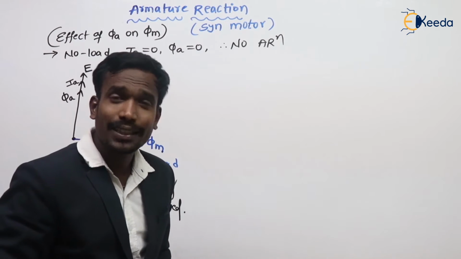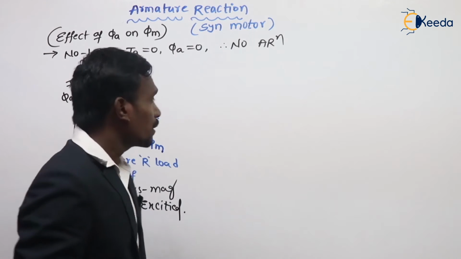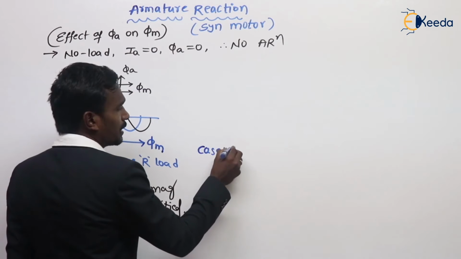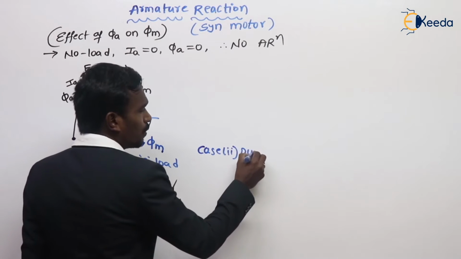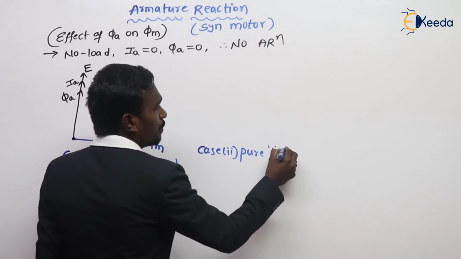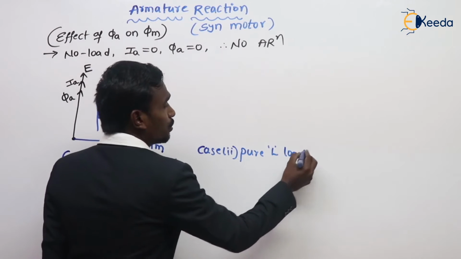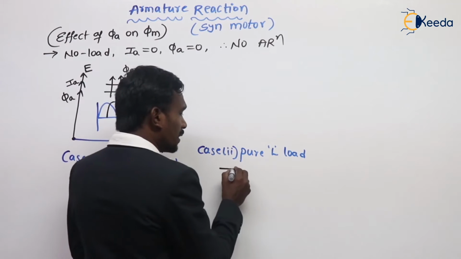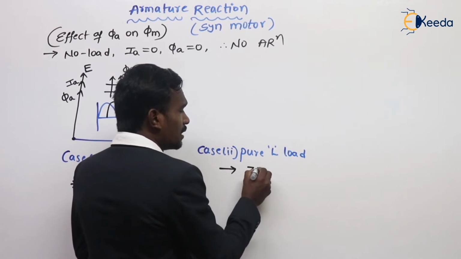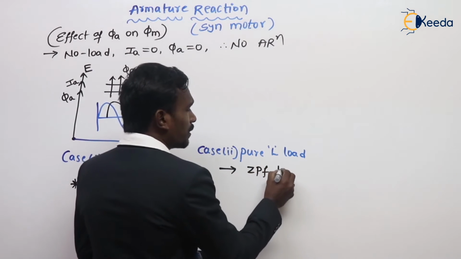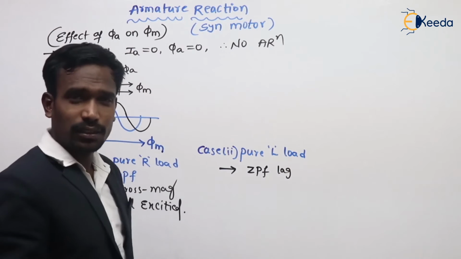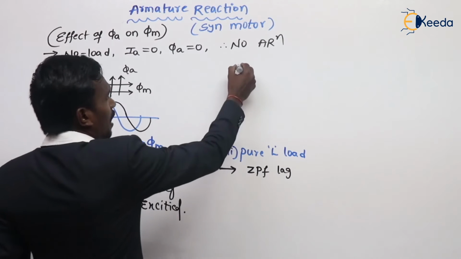Okay? Next, case 2. Case 2 is pure inductive load. For pure inductive load, what is the power factor? It is zero power factor lagging. Let's see how it works.